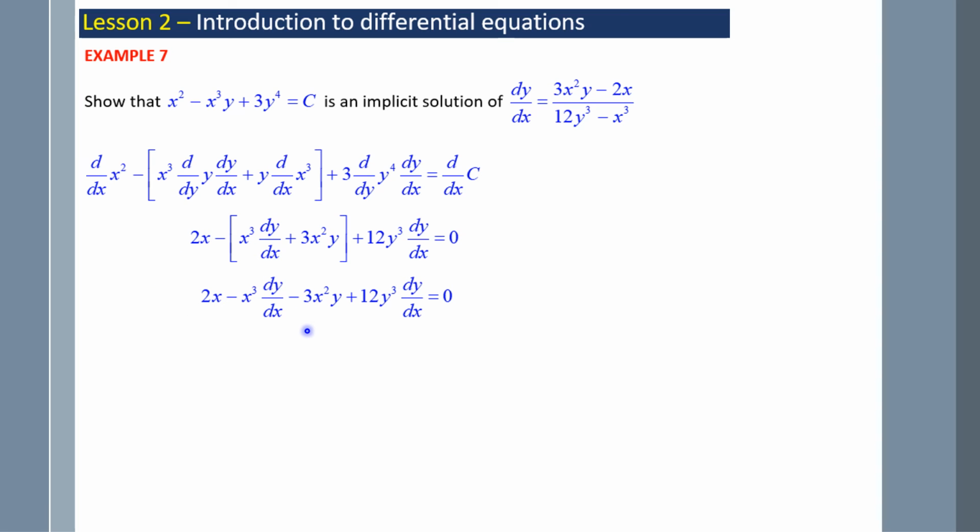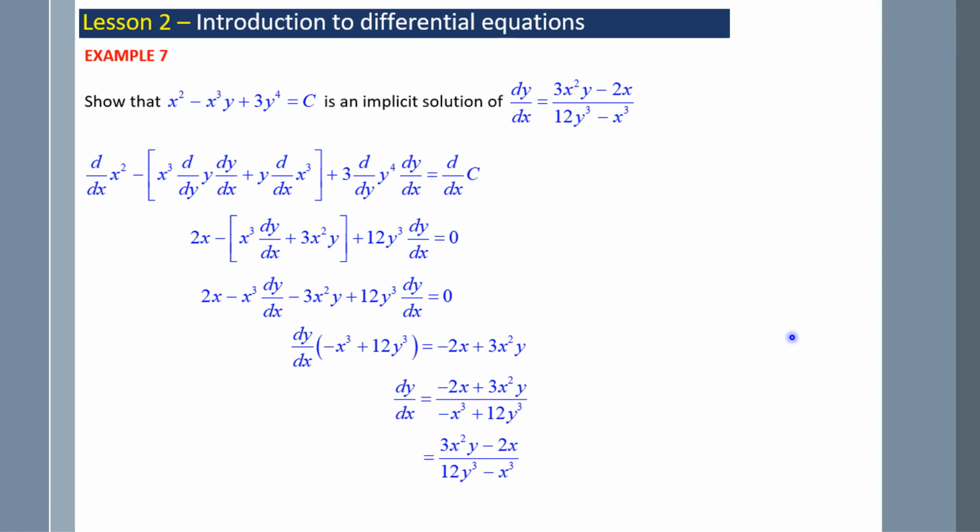From here, we're going to solve for dy/dx. Let's isolate dy/dx. So we're going to subtract 2x from both sides and add 3x squared y to both sides. We've also factorized dy/dx outside those two terms. To then isolate or solve for dy/dx, I can then divide both sides by negative x cubed plus 12y cubed. And hence, we've shown that this is an implicit solution of the following differential equation.